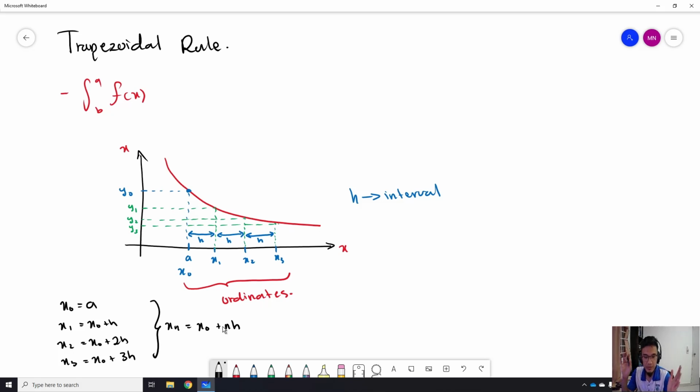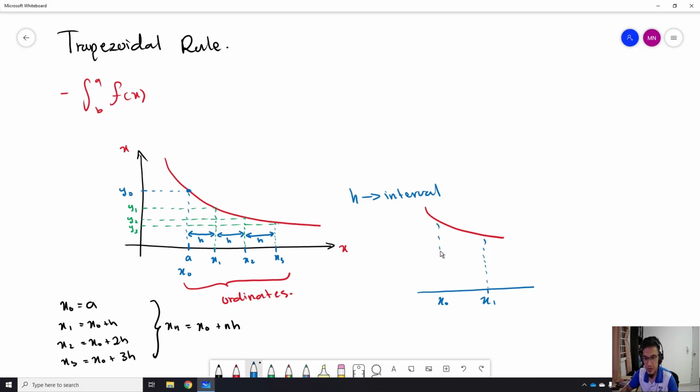Right now, in order to find the area under the graph from x0 to x3, we need to consider each interval. Let's focus on x0 to x1. This is x0 and this is x1. It's the same graph, we just focus on x0 and x1.